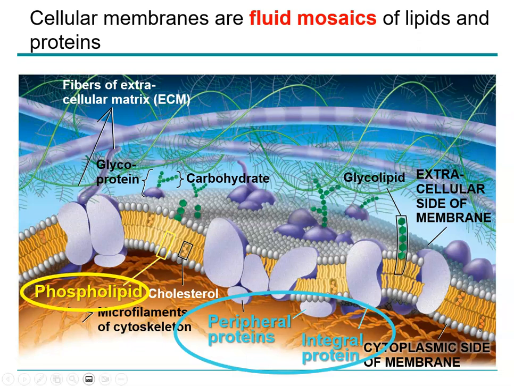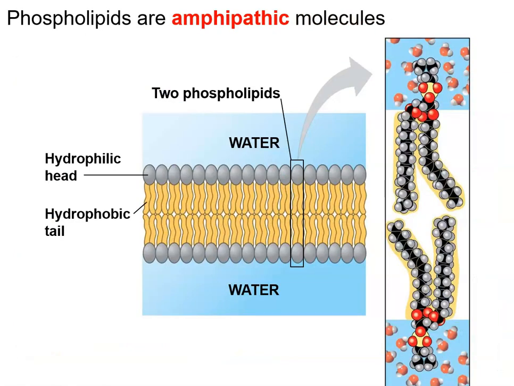So let's start with digging in deeper to the primary components of the plasma membrane, which are the phospholipids. Okay, so zooming in here to a phospholipid bilayer, you can see that the fatty acid tails are all facing inward. Remember, they're hydrophobic, so they're repelled from water and they assemble in this manner just because of their nature being nonpolar, hydrophobic.